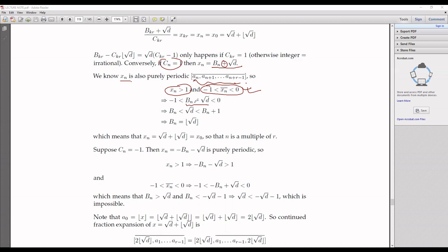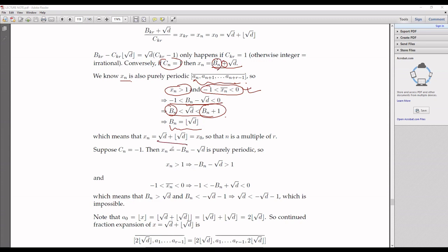What we are doing is actually adding bn, just subtract bn from everywhere, and then multiply by minus to get this inequality. So bn and bn plus 1 are two consecutive integers, and root d lies in between. It proves that the floor of root d is bn and the ceiling of root d is bn plus 1. We don't need the ceiling, we need the floor. So bn is just the floor of root d, which means replace bn by the floor of root d here.